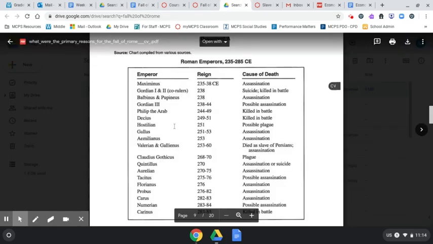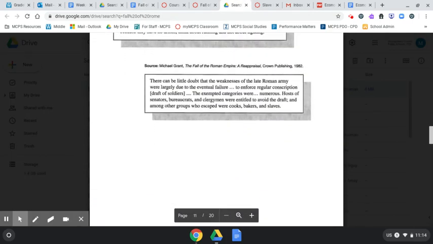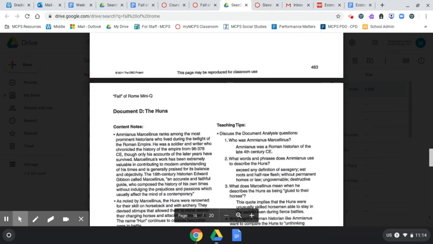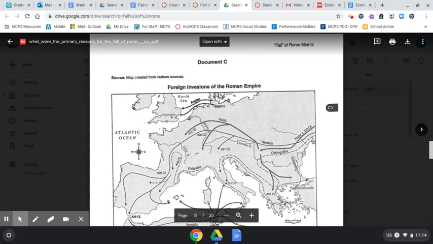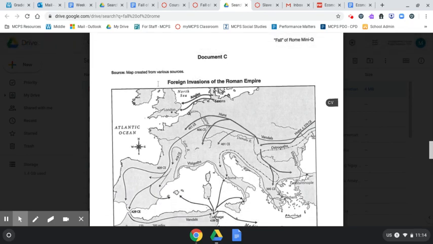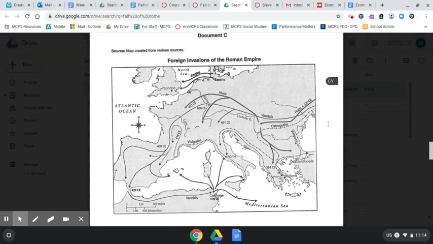I'm going to go back to my documents and look for a second reason. I'm going to explore a little bit. I'm going to use document C and document D. Foreign invasion. We know that in certain time periods in Rome, in about a 50 to 100-year period, you have many different groups of people coming into Roman territory, trying to invade, or maybe just migrating and moving.